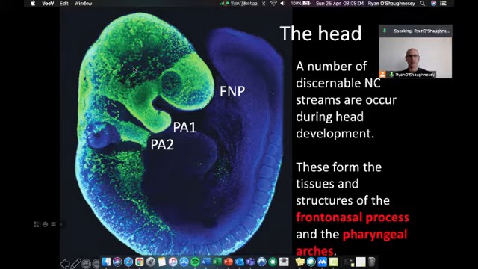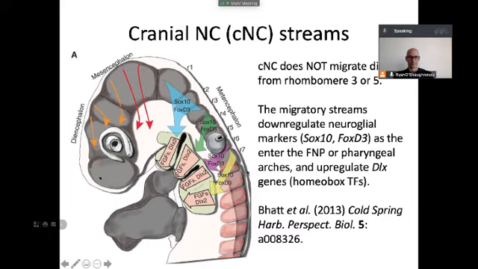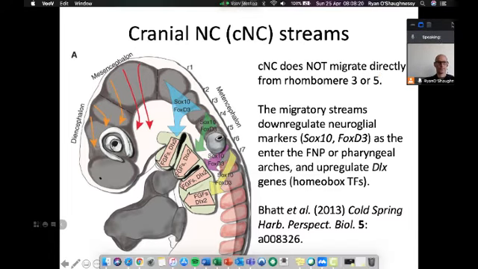And these are the main streams of neural crest migration in the head structures. So these neural crest migration patterns are quite complex. They require the down-regulation and up-regulation of certain proteins to, once these cells have migrated to these regions, adopt the cranial neural crest fates.